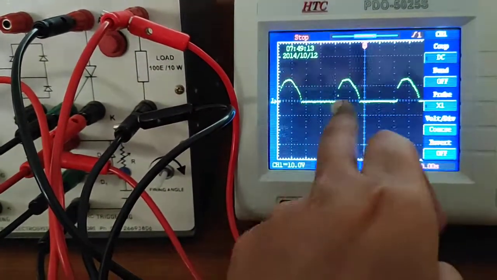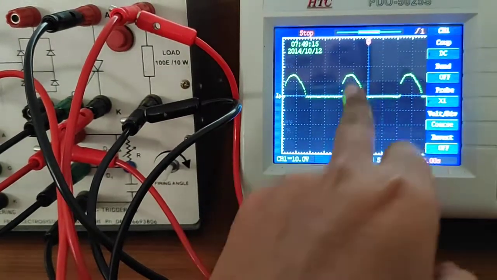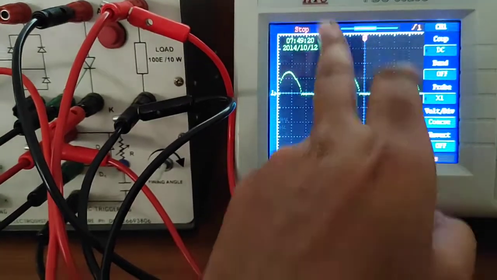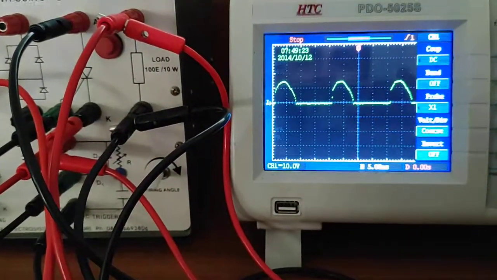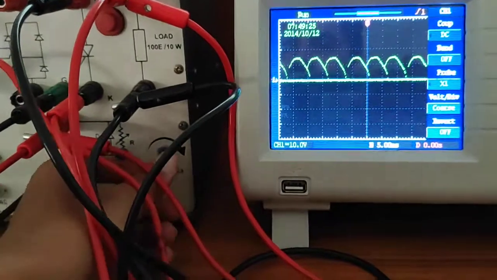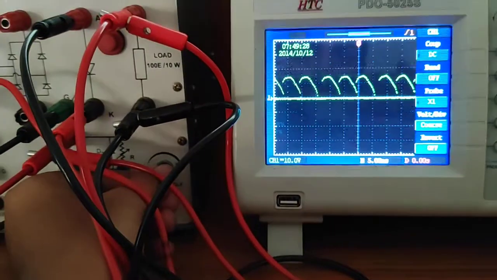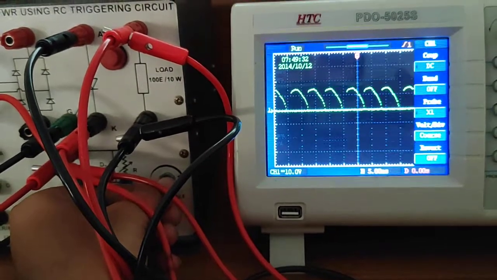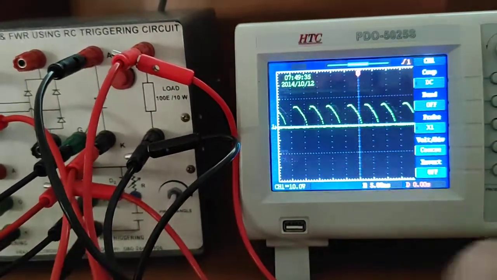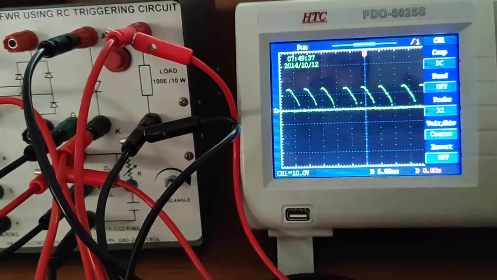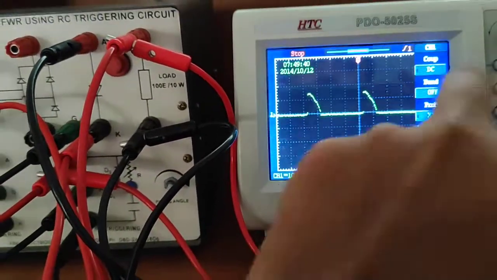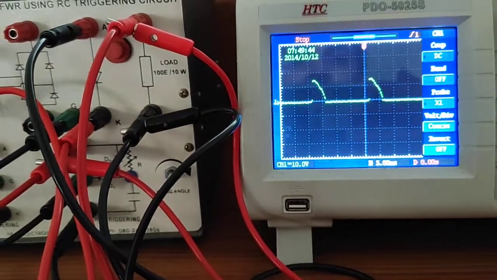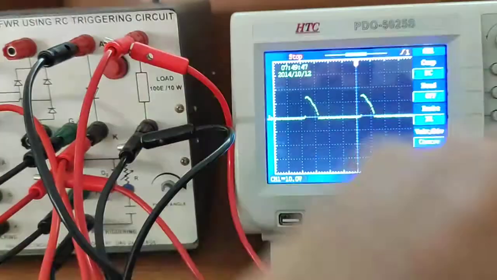Because I have varied this knob, the output waveform is regulating, because we are regulating the thyristor. Further we can decrease the knob so that we can see different firing angles and the control on the load voltage. Now see, the load voltage is at 90 degrees. Half of the peak is appearing at the load.